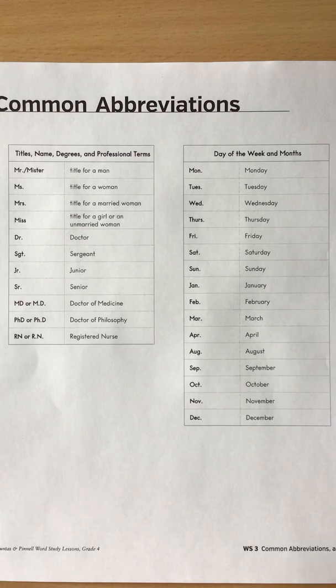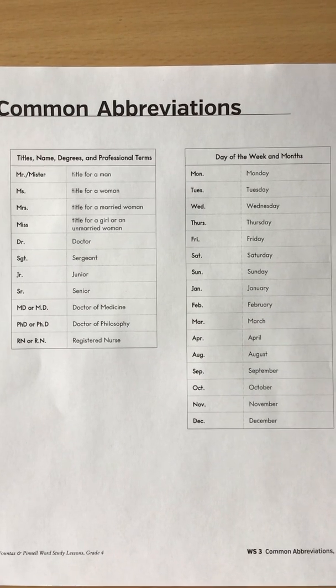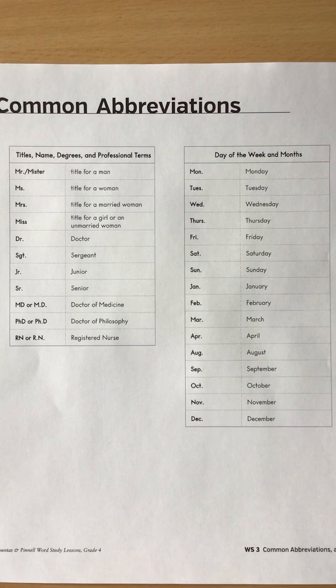Most abbreviations start with a capital letter and end with a period. One exception that I can think of would be abbreviations for states. The post office decided quite a few years ago that they would just have 2 letters for states and no period.